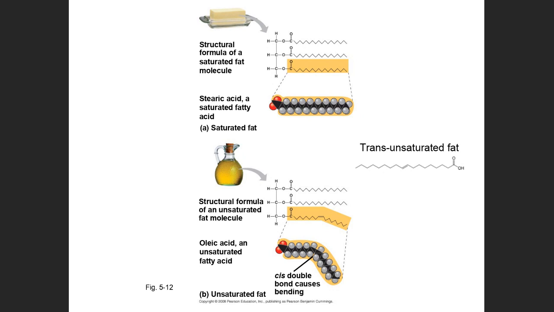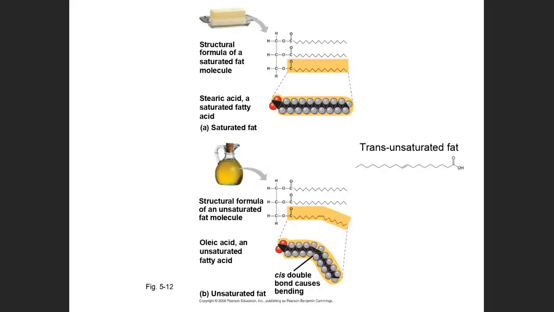An unsaturated fatty acid has at least one double bond between two of the carbons. So because there's a double bond, that means there's two fewer hydrogens that are able to bond. So fully saturated, we say it's unsaturated. So one double bond, we have a monounsaturated fatty acid. If you have multiple double bonds, you have a polyunsaturated fatty acid.